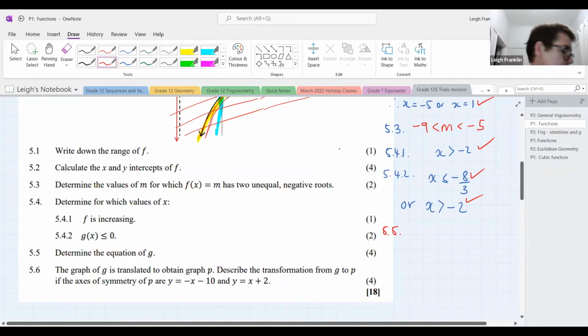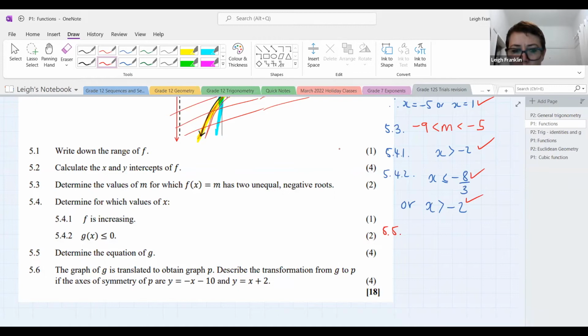So the graph of g is translated. Here we would have done that, and then we would have taken the 9 over to the other side.